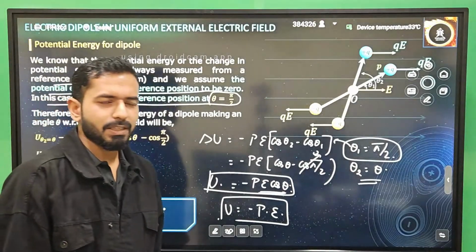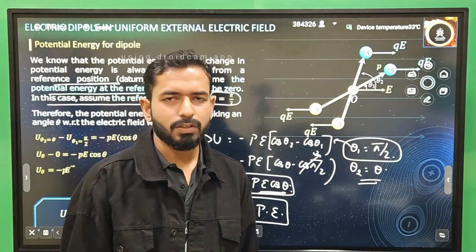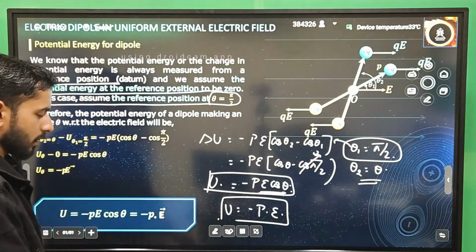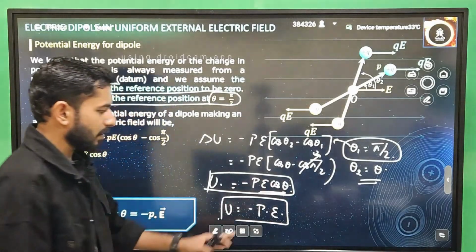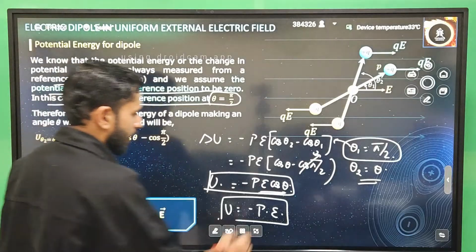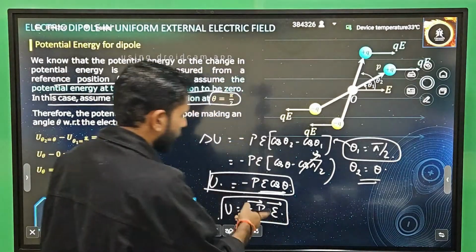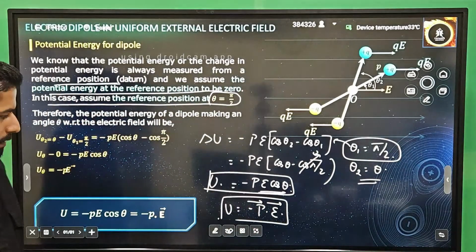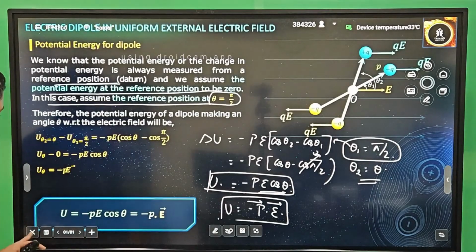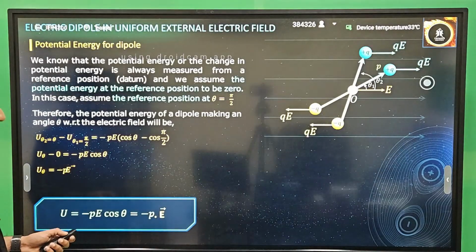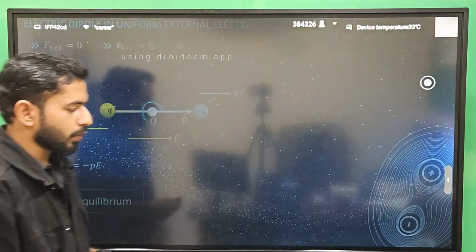Either you can remember it as minus of pE cos theta, either minus of P dot E, both are the same thing. That means the result for this will always be a scalar value. Okay. Now it will give you what? Energy. Now there will be two kinds of cases.